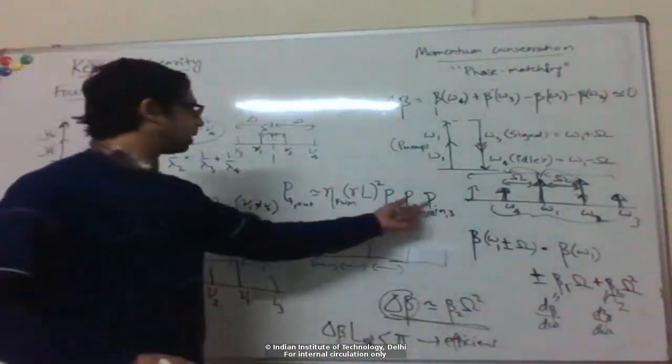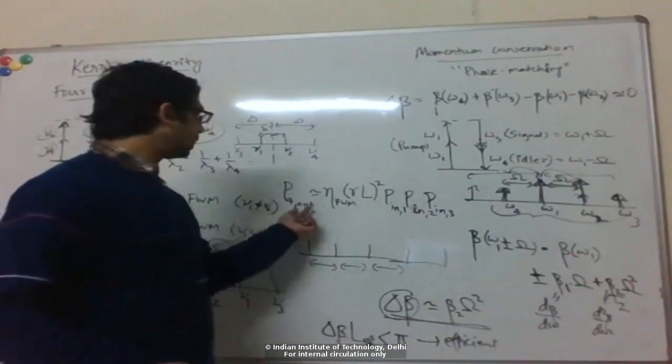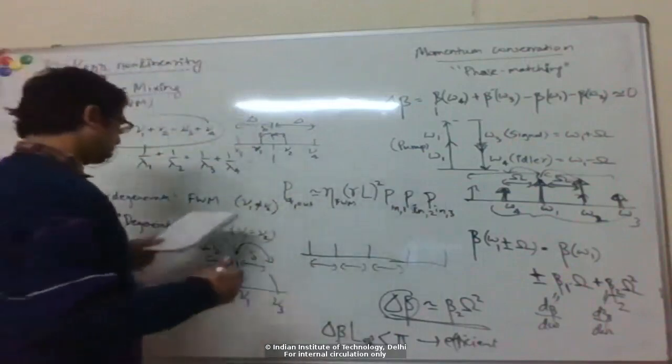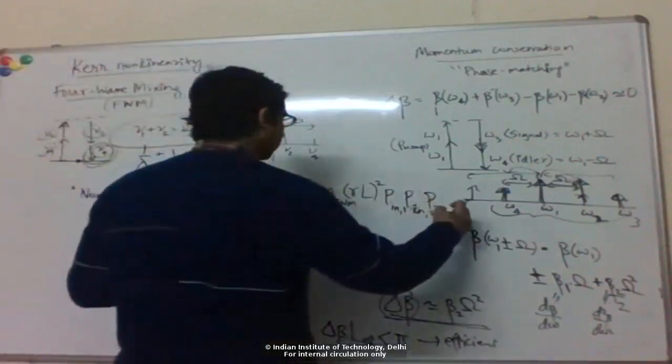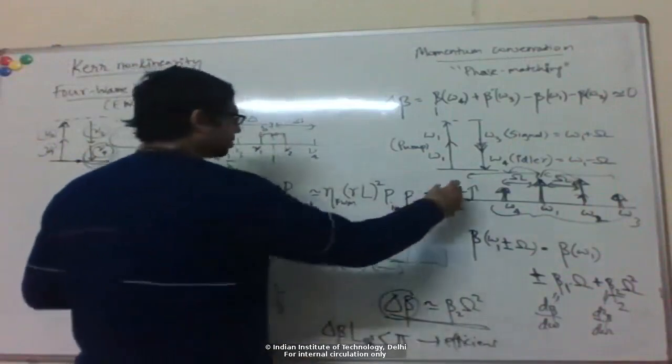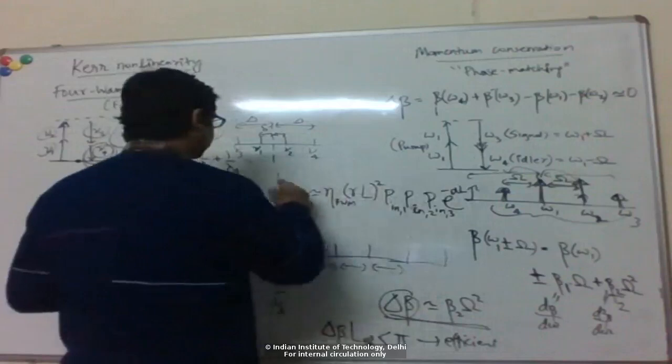Okay, so this is coming from this third order effect, right? So the power transferred to channel 4 is a product of 3 factors of power here. Okay, and then an attenuation coefficient if you have some linear loss in the fiber.